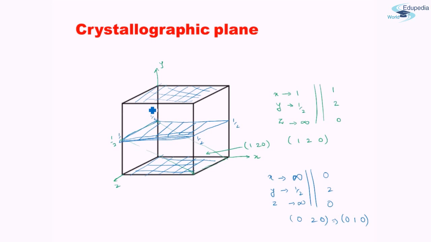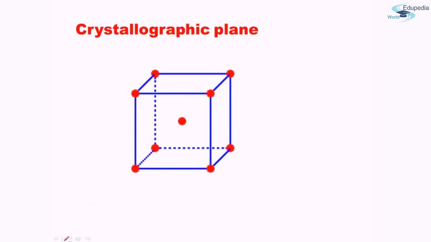Hope this gives you a lot of insight into how to find the crystallographic plane and corresponding Miller indices for a cubic system. Now let us see two examples for the body-centered and face-centered case. The body-centered: we know that the close packed direction was this direction, passing through the body center. Similarly, the close packed plane for body-centered is this, the plane which passes through the corners as well as the body center.